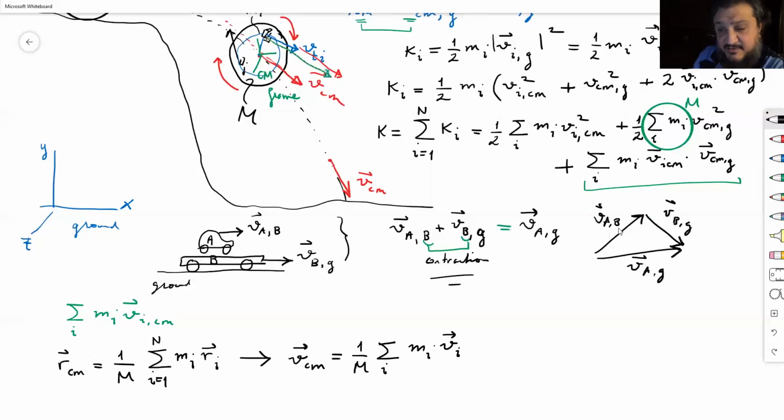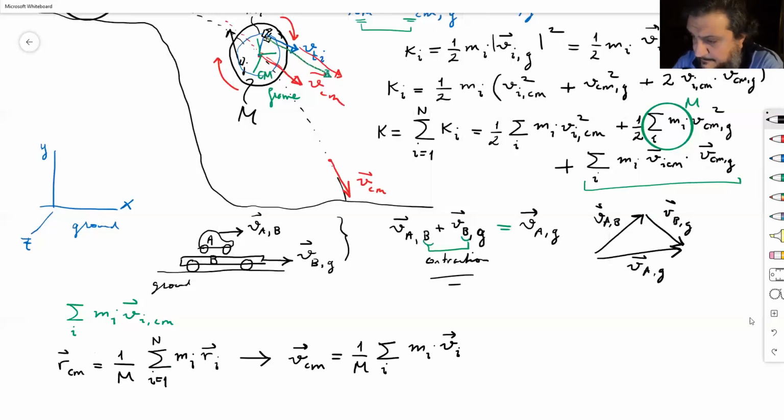Okay, so that's a general idea. In this case, though, v_cm is what we call v_cm,g, right?